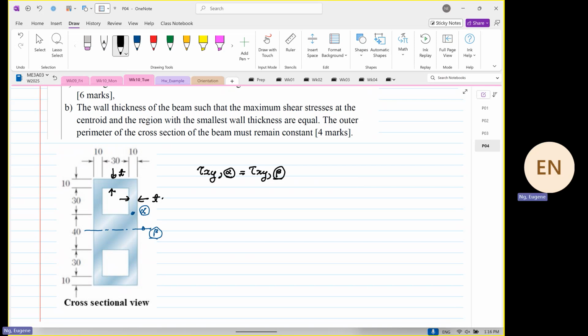About 2.5 years ago, a student thought thickness was that way, and I marked them wrong initially, but later gave them some marks because the mathematical expression is not so straightforward. So which one is correct, the vertical thickness or the horizontal thickness?